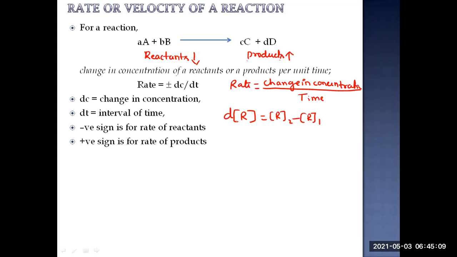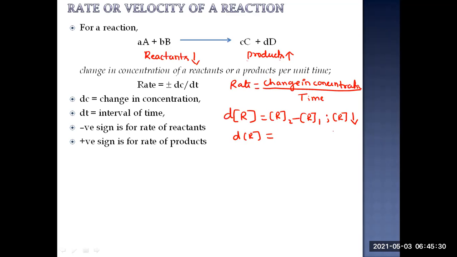Since the concentration of reactants decreases during the course of the reaction, square bracket R, the molar concentration, decreases. Is R2 greater or R1 greater? R2 is more. Correct. Sorry, R1 is more. R2 is lesser.